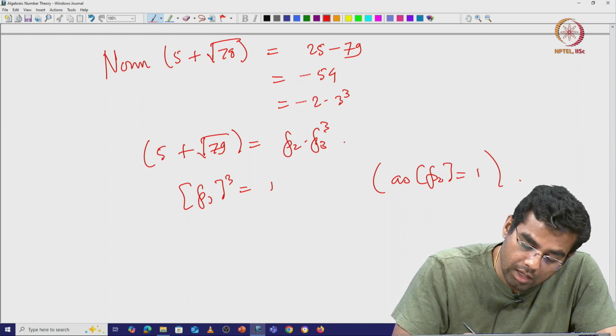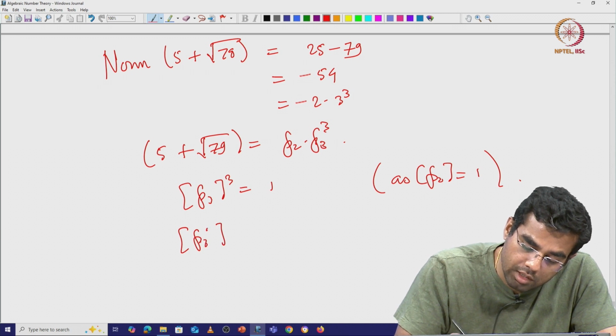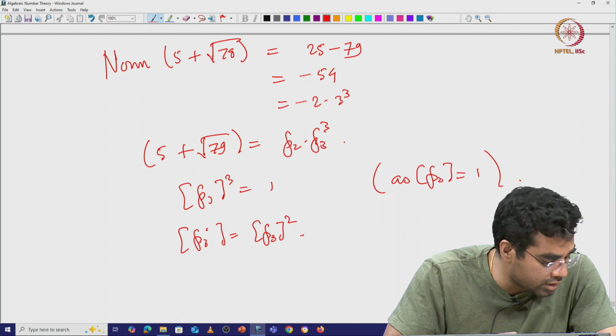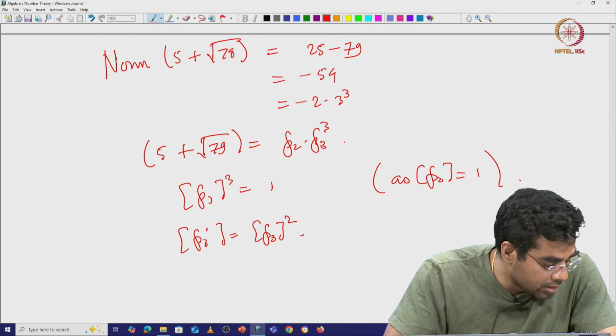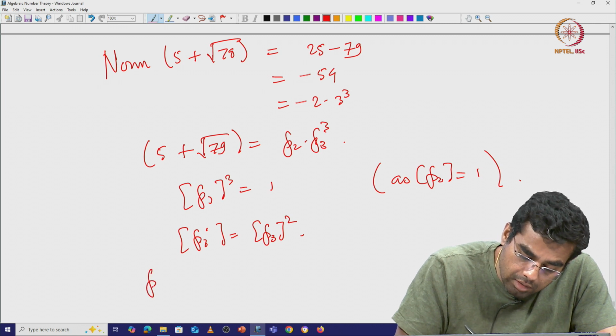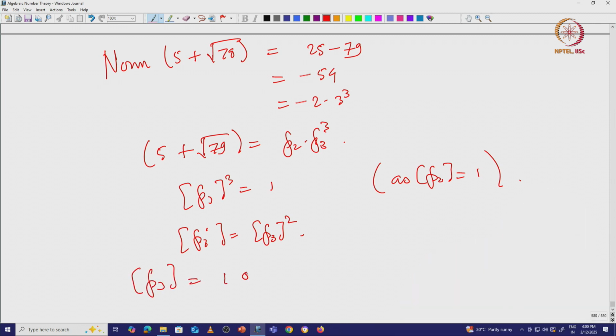So this means that P3 prime is equal to P3 square, because it is the inverse of this. So this means that P3 is 1, or the order of P3 is equal to 3. It can't be anything in between, right. P3 cubed is 1, so either it is trivial itself or its cube is 1.